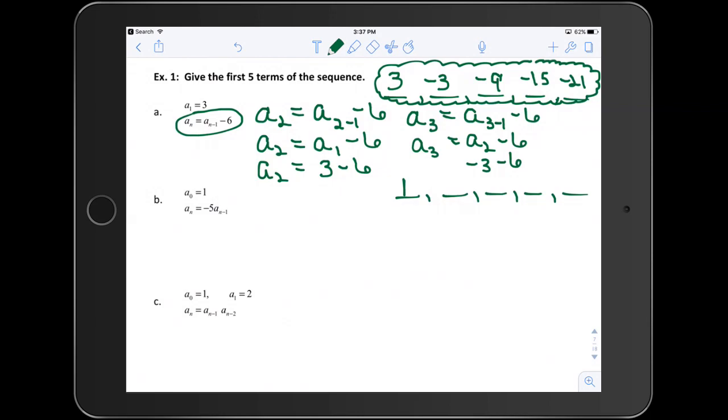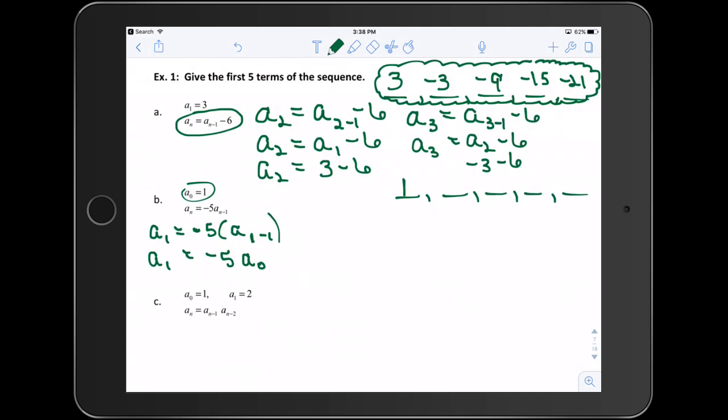So I have my 0 term, so now I'm going to do my first term, a sub 1, and find that value. So I have negative 5 times a sub 1 minus 1, because we're doing our first term. And of course, like what I was showing you, negative 5 times a to the 0. We know a to the 0 was 1 from up here.